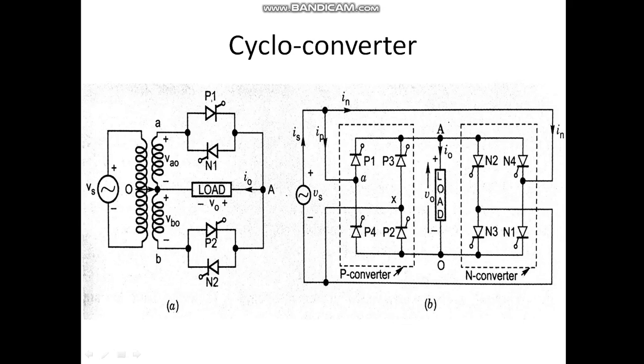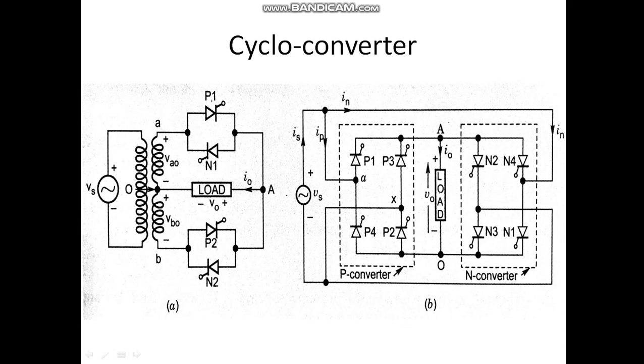Upper side should be positive. So it should come. Right. Exactly right. When P1 and P2 were conducting, it was conducting like this. You can see the arrow properly. A is positive with respect to B. Okay. Now when the cycle is reversed.